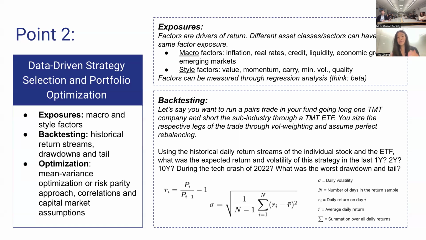And you can do that over different periods of time, which is the historical backtesting component. So just through these basic analyses that you can run in Excel even, you have an idea of what would be the return and the vol of your strategy during different periods in the past, during maybe more crisis periods, like when tech stocks just tanked a couple years ago.